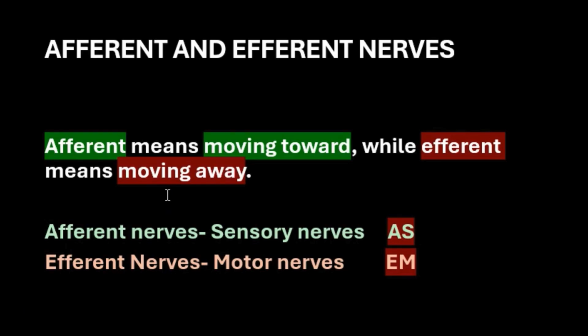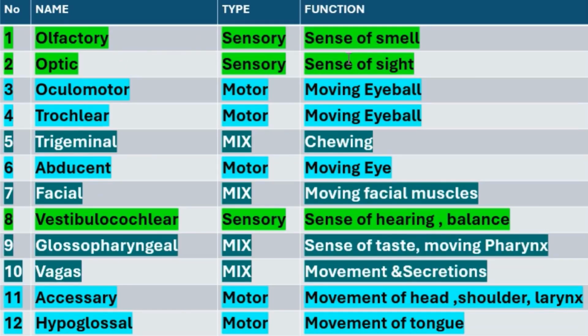And another method is also added, afferent and efferent nerves. This is also asked frequently in the exam. So afferent nerves are sensory nerves, AS, efferent nerves are motor nerves, EM. So ASEM is also a short code for connecting the cranial nerves. So you remember the sensory green, 1, 2 and 8, then 3, 4, 6, 11, 12.